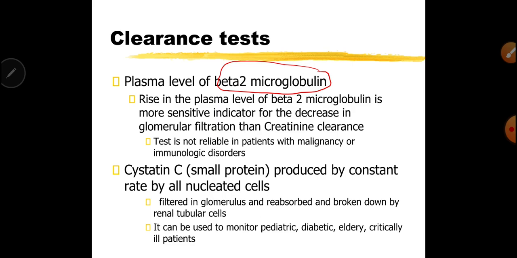So this test is good, fast, and has good results for detecting change in the kidney.